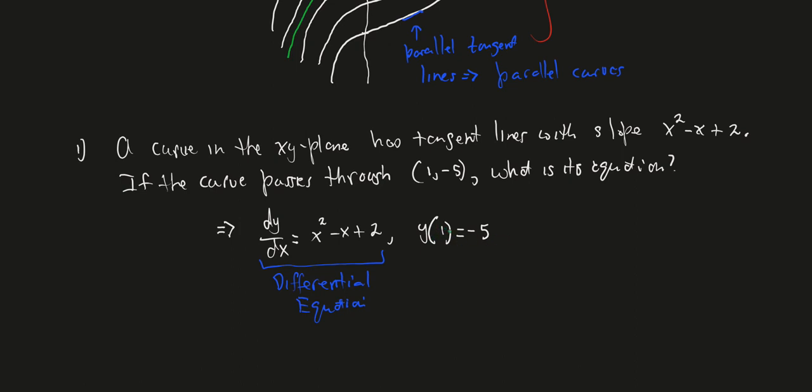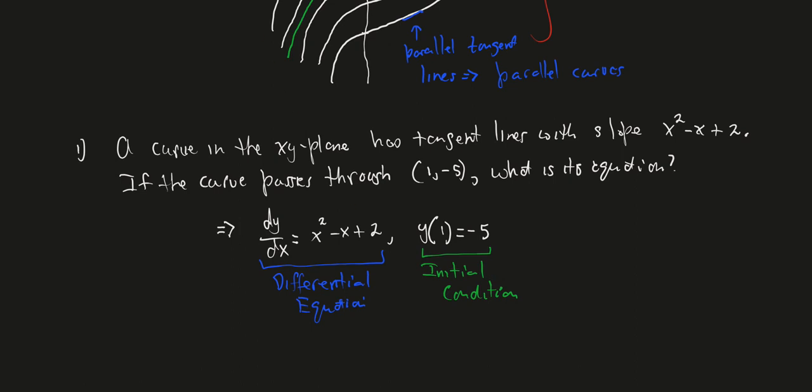In other words, when I plug 1 in for x, I have to get a y value of -5. This is referred to as an initial condition, some condition that the original function has to satisfy.